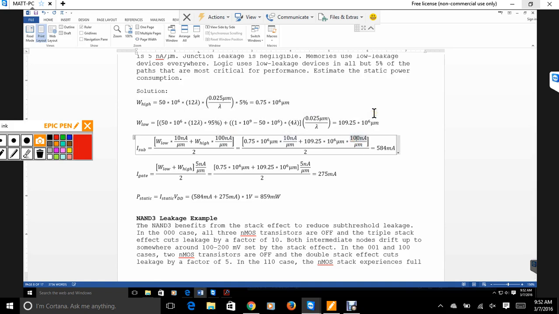So does everybody have a calculator on them? So this is 10 to the 6, 10 to the negative 9, microamperes come away. So this should be 10 to the negative 3.